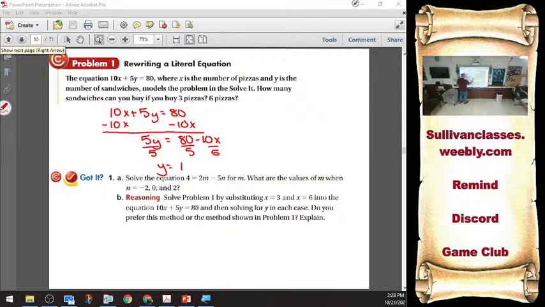Y is 16 minus 2x, and that's exactly what we had just done. They're just using x's and y's instead of p's and s's. I don't know about you, but for me, my t's look like pluses, my s's look like 5s, my 2's look like z's. Now that I have that, x is the number of pizzas.